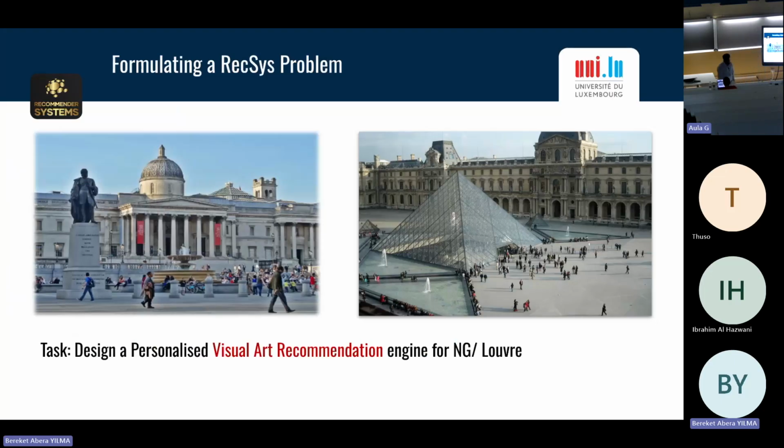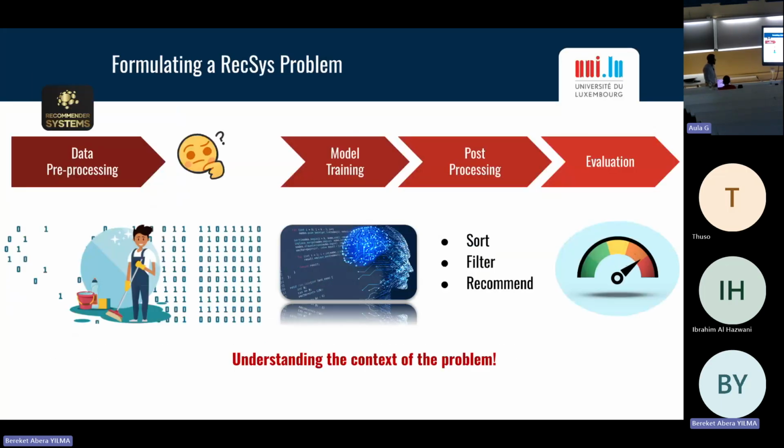Designing a visual art recommender system for the National Gallery or, it could be any museum. But now we have slightly more things to think about, not just items or features or embeddings. We have more things in the physical space, and we need to really model the context to understand what is happening in the museum.